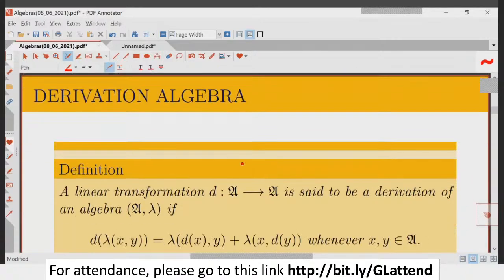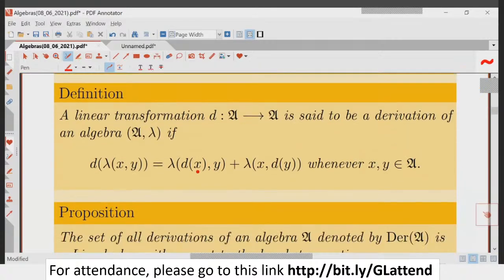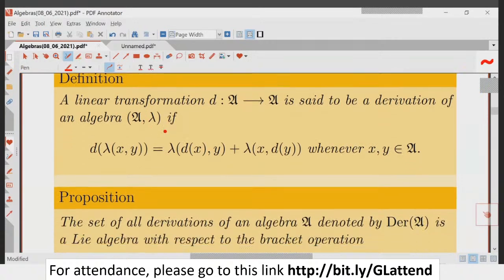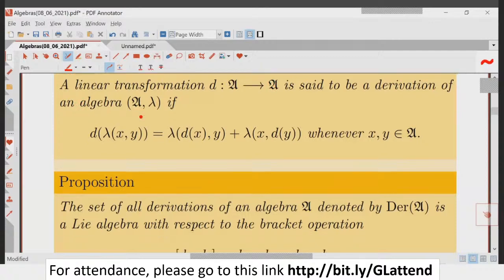Okay, now the derivation algebra, a very important invariant of an algebra. A linear transformation D from A to A is said to be a derivation of algebra A if D(lambda xy) is lambda Dx y plus lambda x Dy.